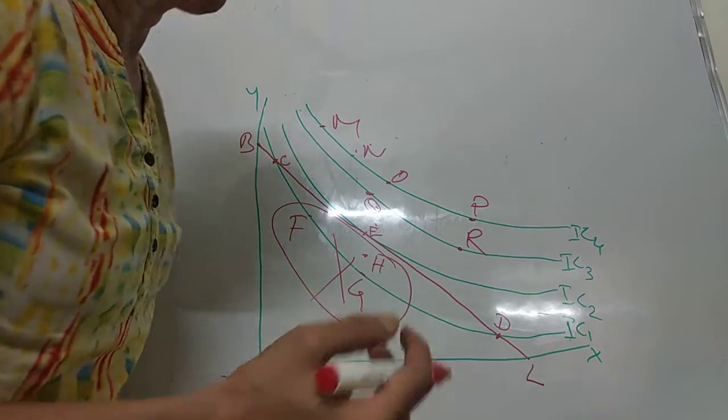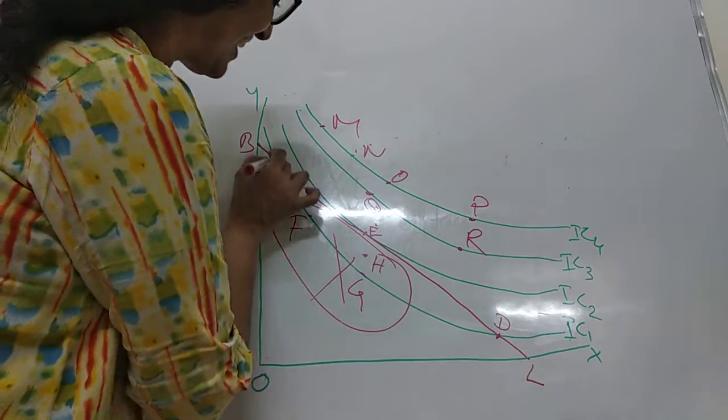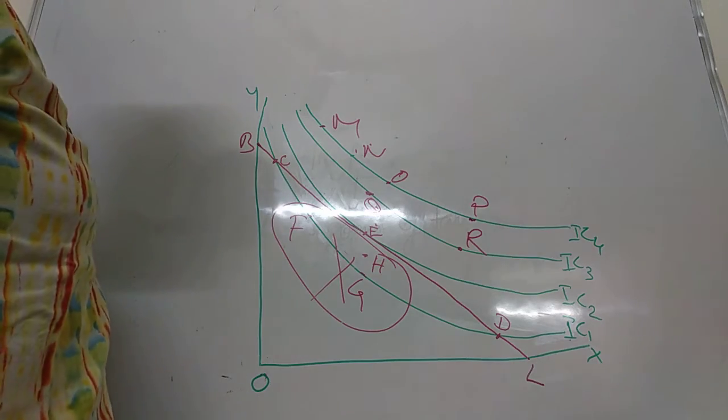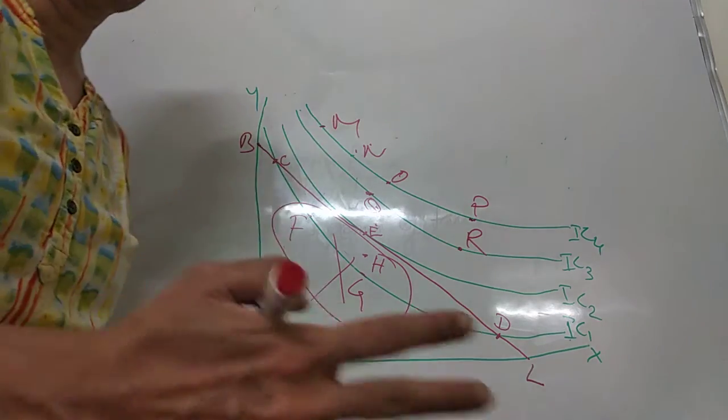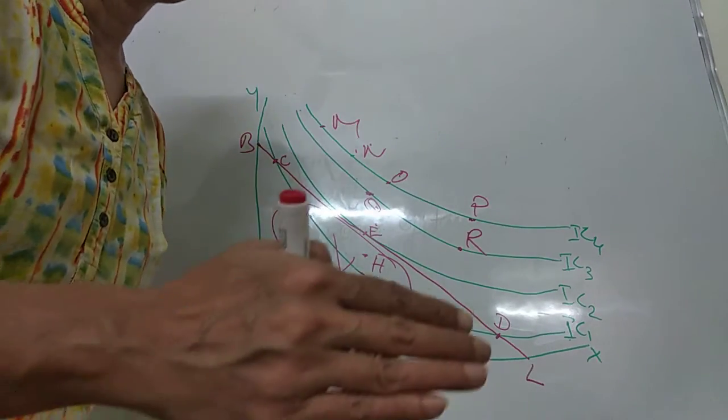So then what are we left with? We are left with all the combinations which are lying on the budget line. Okay, now let's see. There are two ways to explain, and I am going to explain you both. You need to write both.